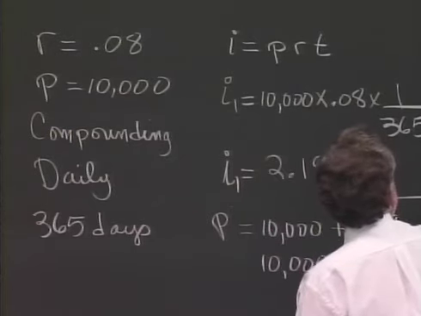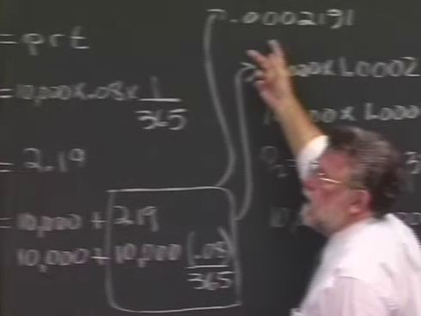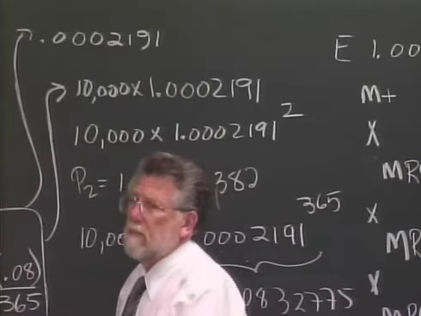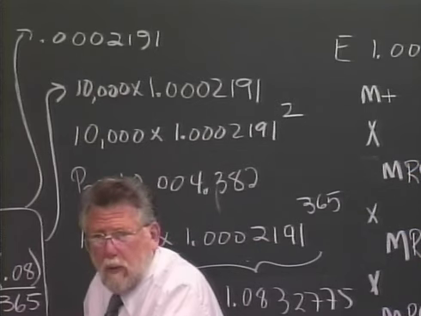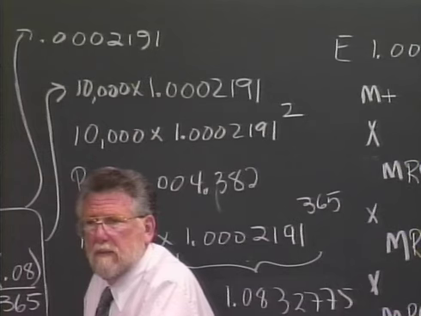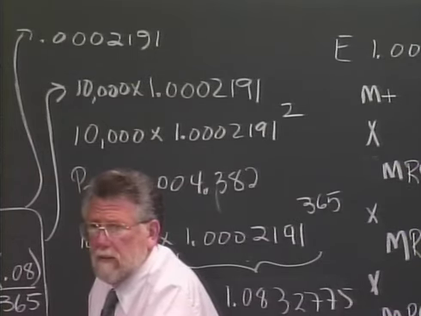Okay, so that's what I'm going to do. And we're going to slide over here and bring it up just a little bit. There's the number. So take your 0.08 and divide by 365. You should get 0.0002191. Do you?